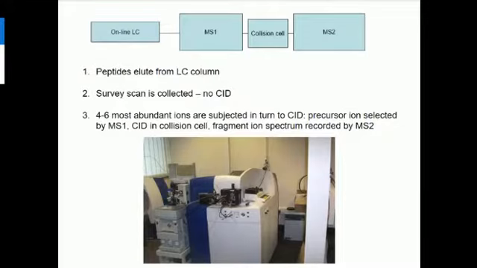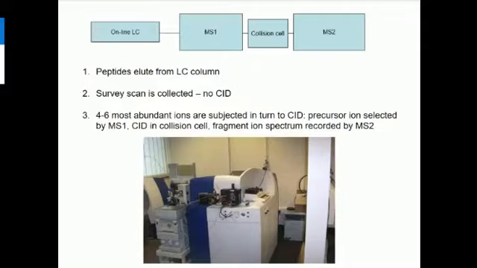Now, hopefully you'll remember from last time, and this is really important, if you're going to do liquid chromatography, you need to couple it with electrospray, okay, because you've got a continuous flow of peptides. So this is done with electrospray. As the peptides elute from the column, they're electrosprayed into the mass spectrometer.